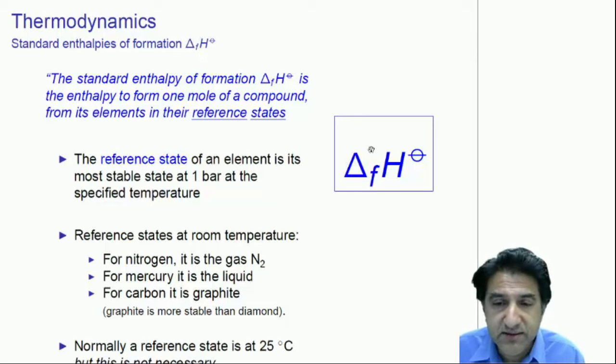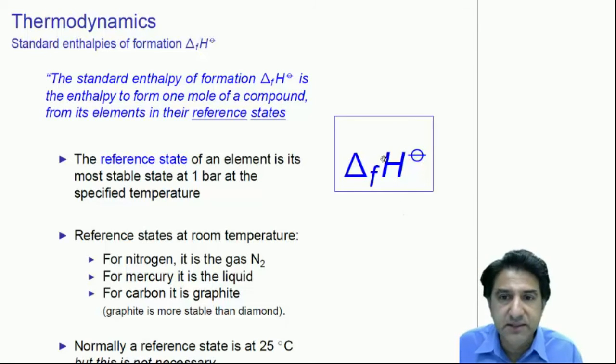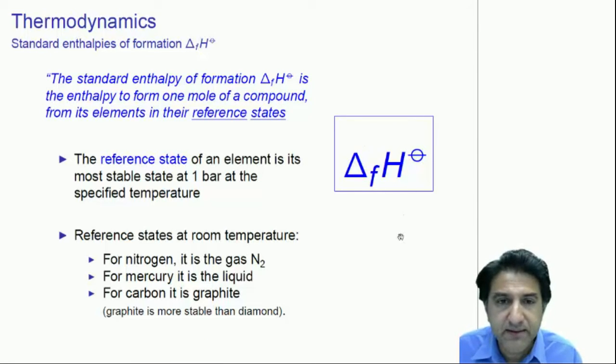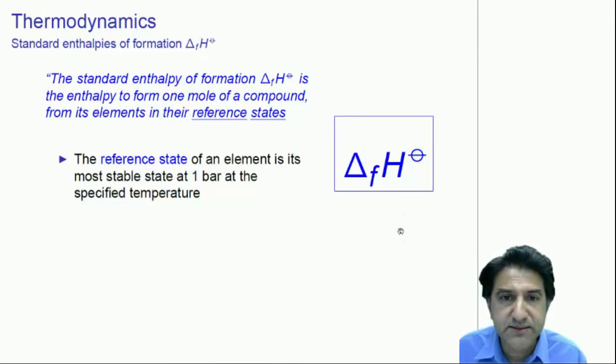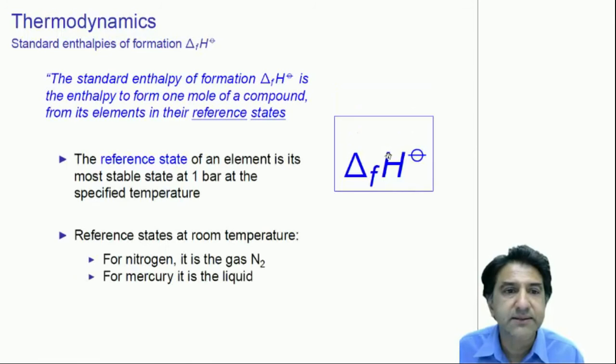Formation of water, for example, from the elements hydrogen and oxygen in their reference states. In this case, hydrogen gas and oxygen gas, because those are the two reference states for hydrogen and oxygen at 25 degrees C. That's what this thing represents. Heat of formation, and be aware of the other one, the standard state heat of reaction relative to standard states. Okay.